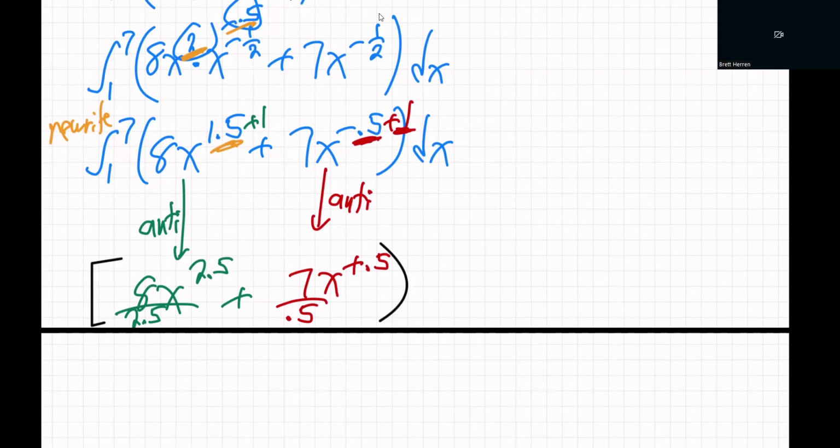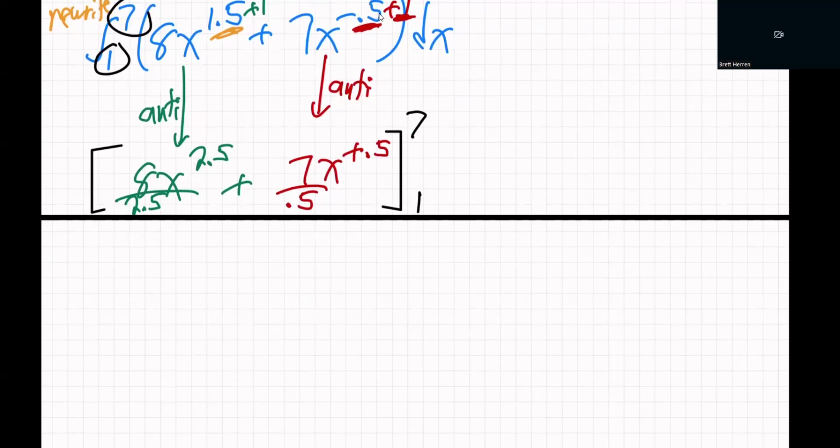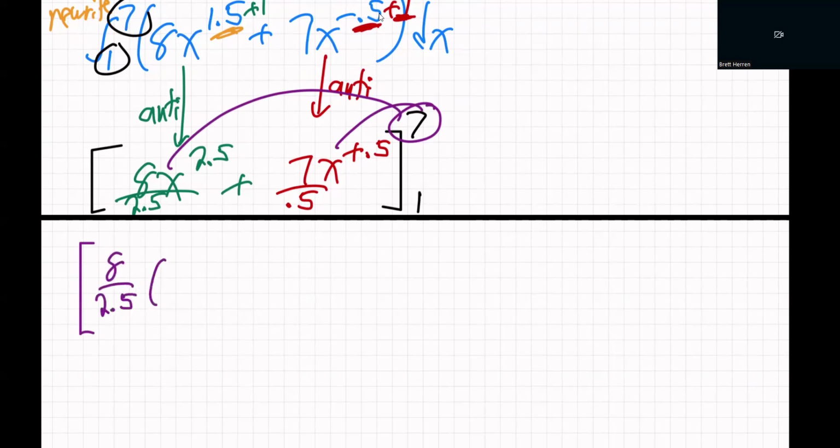Whoop, didn't do that correctly. We're going to evaluate these between 1 and 7. So first thing you do is you take that 7 and you plug it in. So let's do it. I'm going to get 8 over 2.5, 7 to the 2.5 plus 7 over 0.5, 7 to the 0.5, like so.